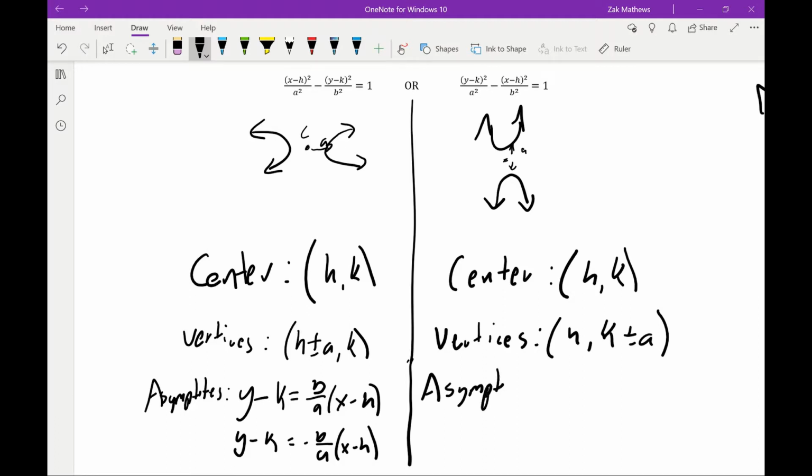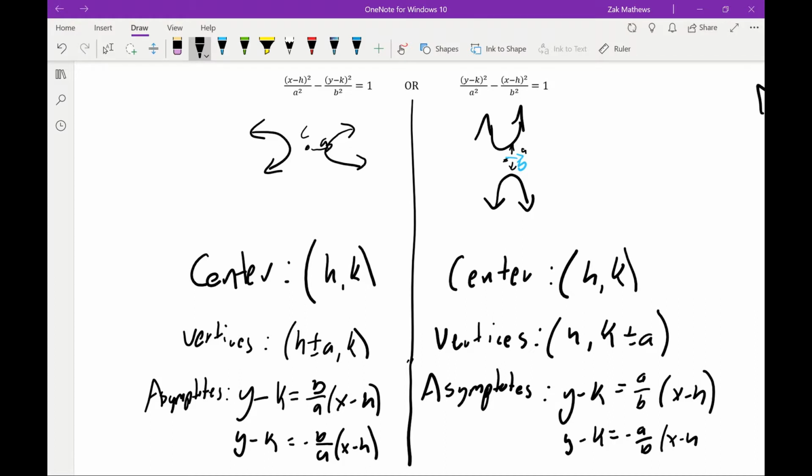Let's do the asymptotes for the one that's going up and down. So we already said that the k and the h are going to be the same, but it's that slope that we're going to have to think about differently. So now if we think about the slope, the a we've already defined as the rise, the b would have to be the run. And so now our slope is going to be a over b. And we'll also have the negative a over b.